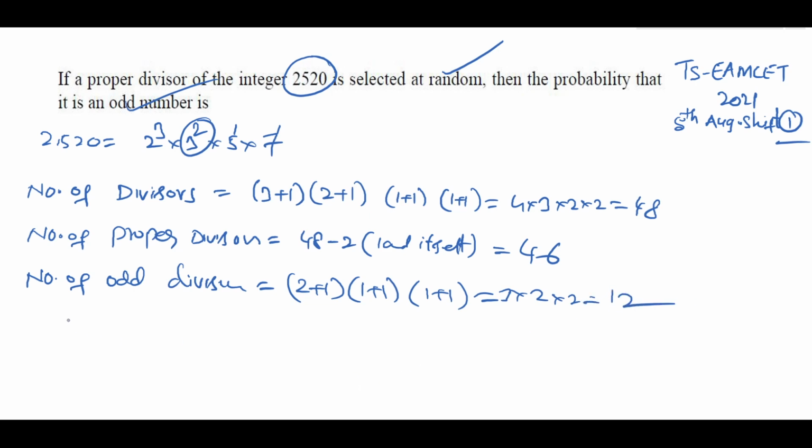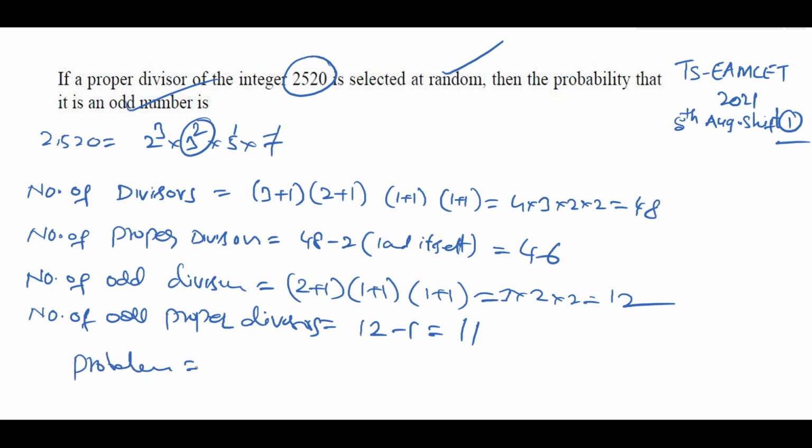So the number of odd proper divisors is equal to 12 minus 1, that is equal to 11. Therefore the total probability is 11 by 46. This is the required answer.